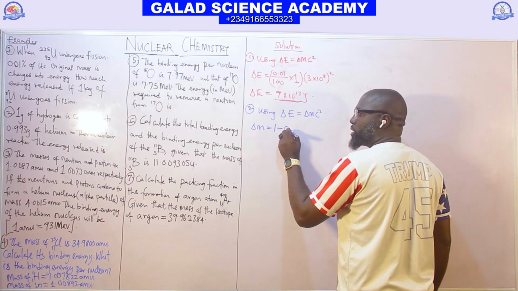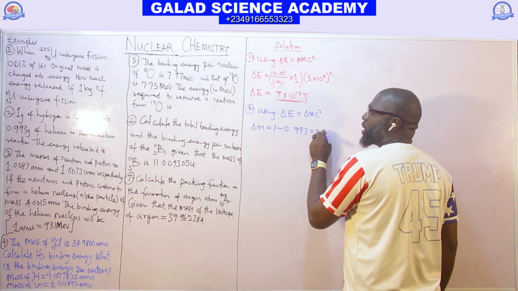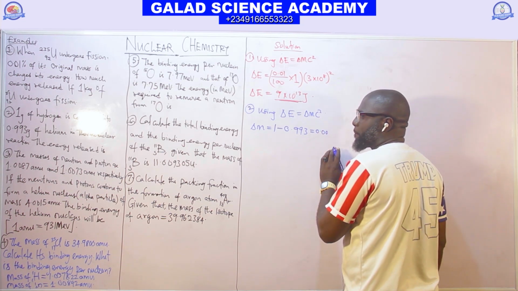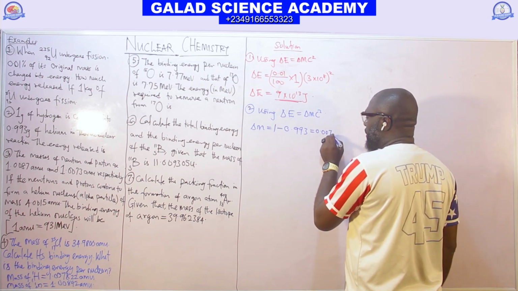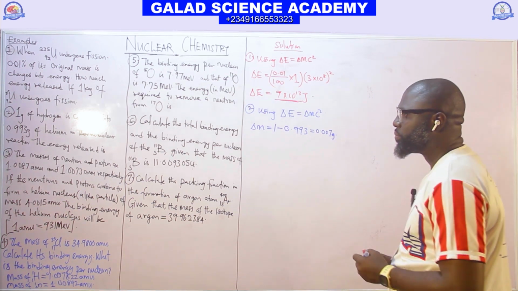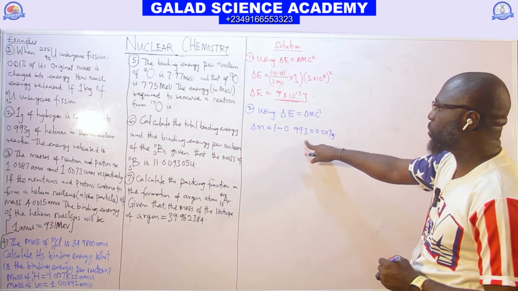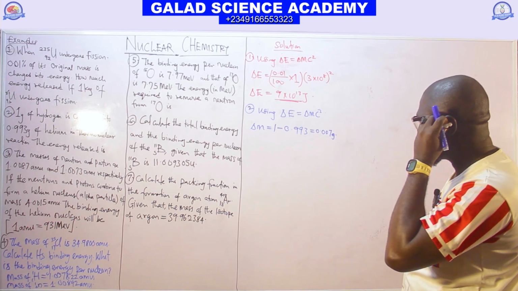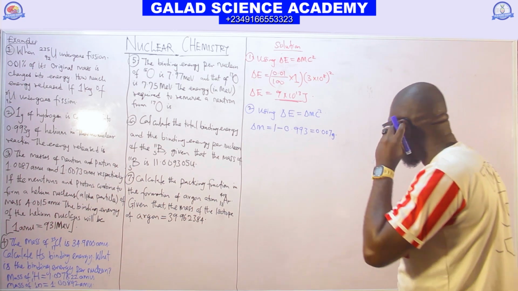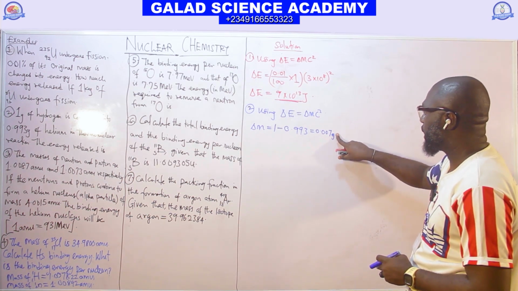That will be 1 minus 0.993, to give us 0.007 gram. This is the change in mass, in gram.